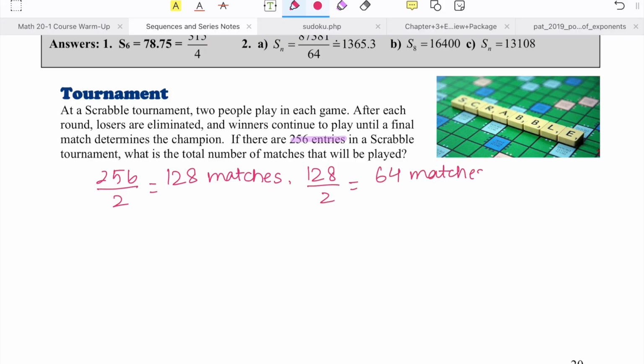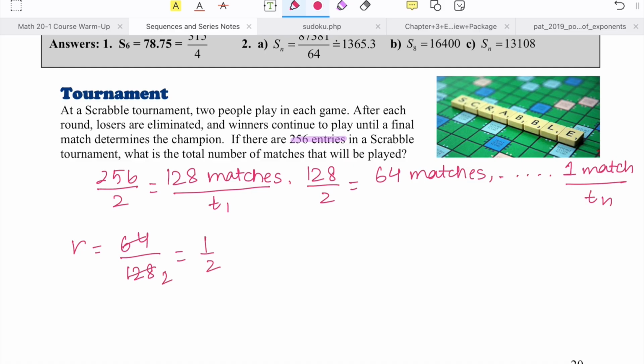And then eventually, what would our Tn be? What would the last match be? 1. There will be only 1 match at the end, right? So this is our Tn, this is our T1. Ratio is 64 over 128, which is half, or 0.5, right?